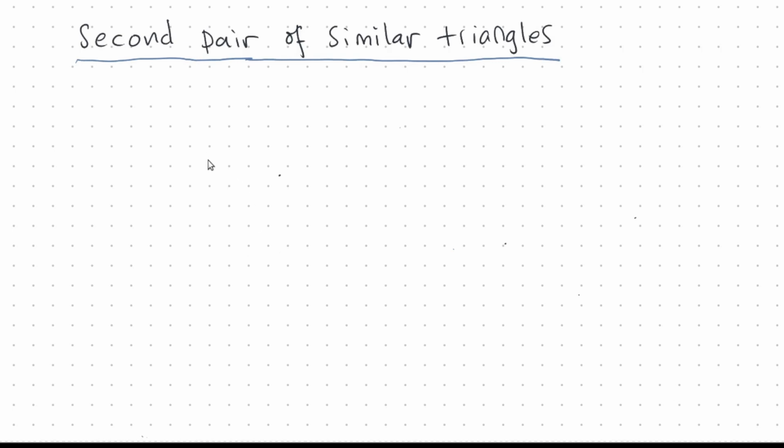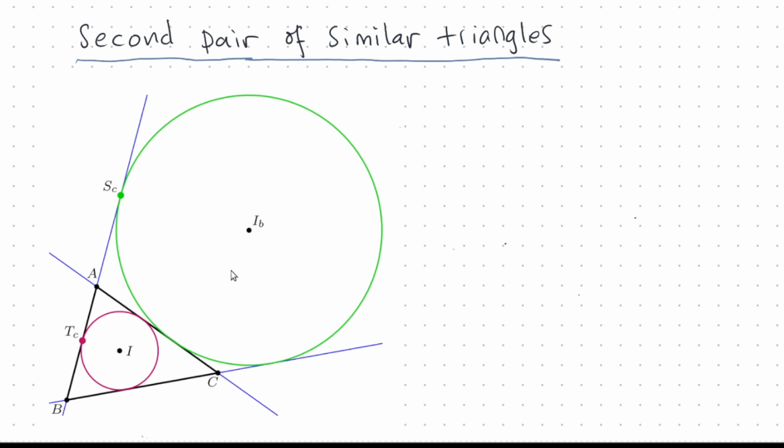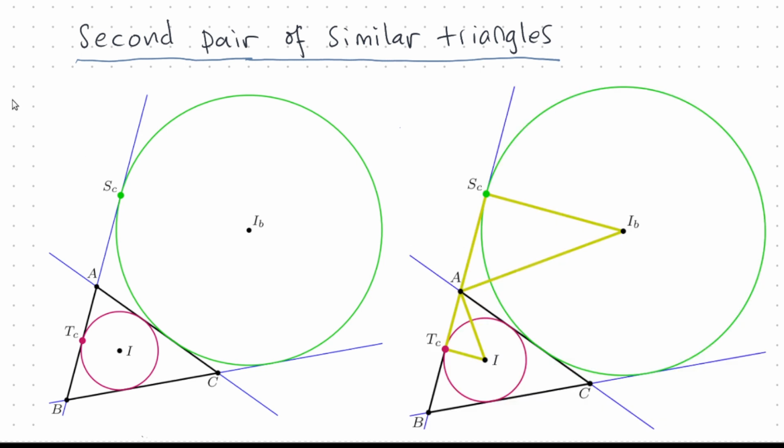Now we have to find a second pair of similar triangles, something different from what we found above. So here in our main figure, there has to be another pair of similar triangles, and we got to look carefully. And if you have a good imagination, you can see them. Here they are. Let me get some color and show you where they are.